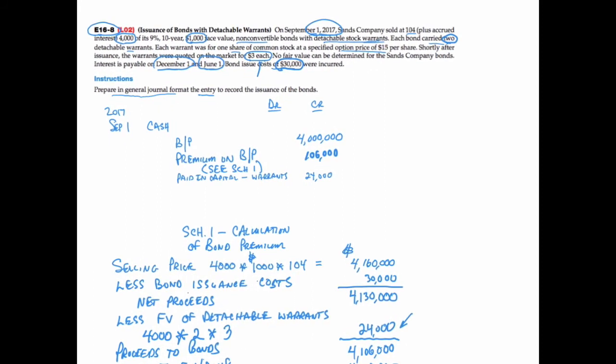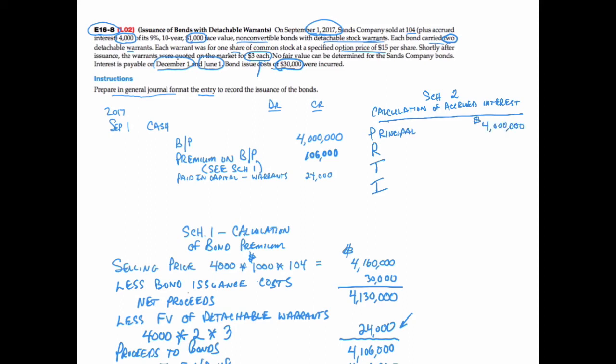So we're going to do another schedule, Schedule 2, calculation of accrued interest. Here we use the formula: the principal times the rate times the time equals the interest. The principal is 4 million.